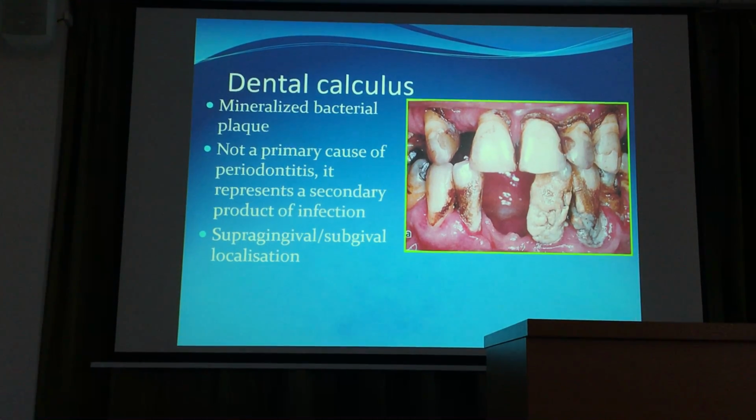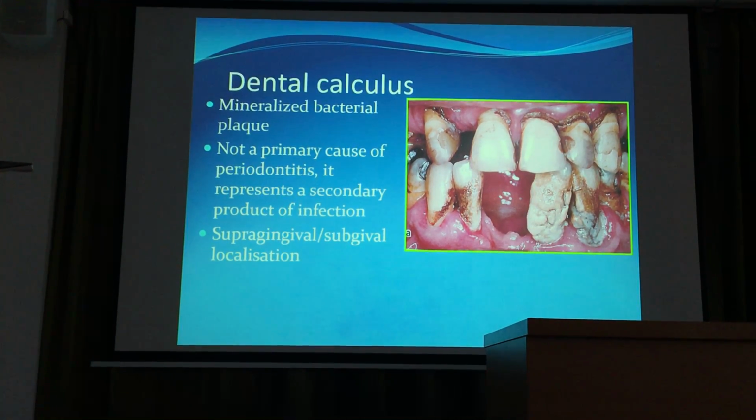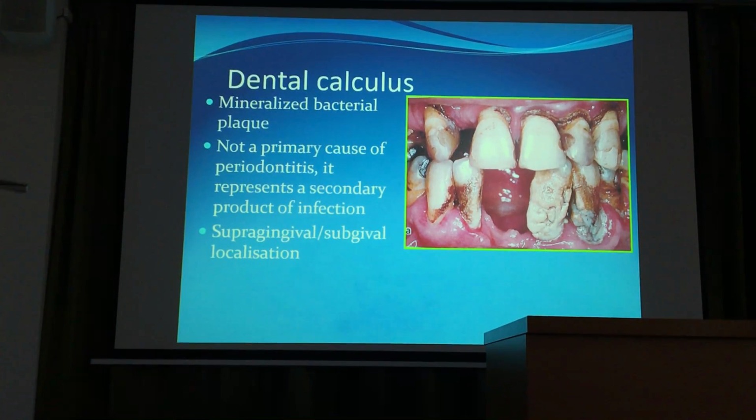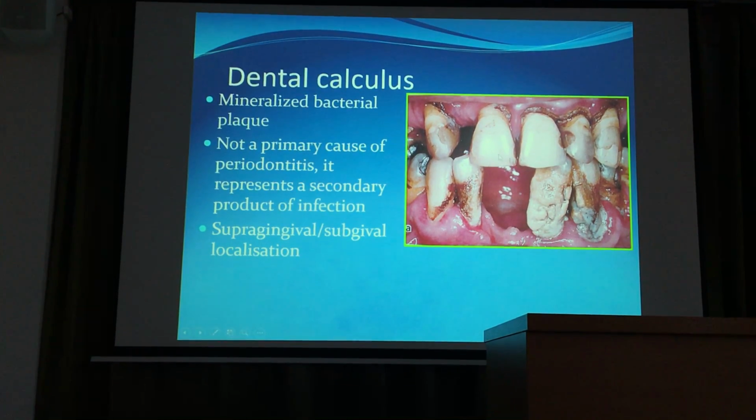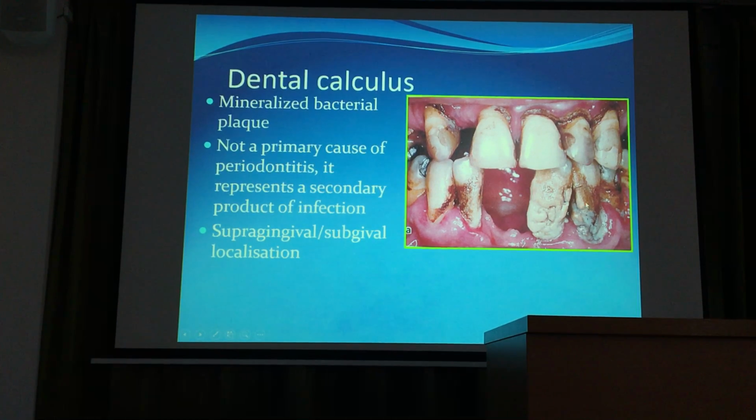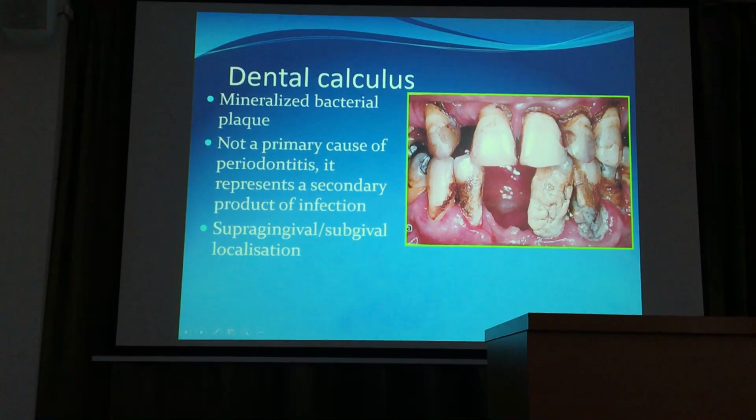So, as I told you, if the plaque removal is ineffective, the plaque can mineralize, and the mineralized plaque becomes a different deposit called dental calculus. Okay, this is the dental calculus. It's quite a large deposit, and the problem is, why is this a wrong situation?